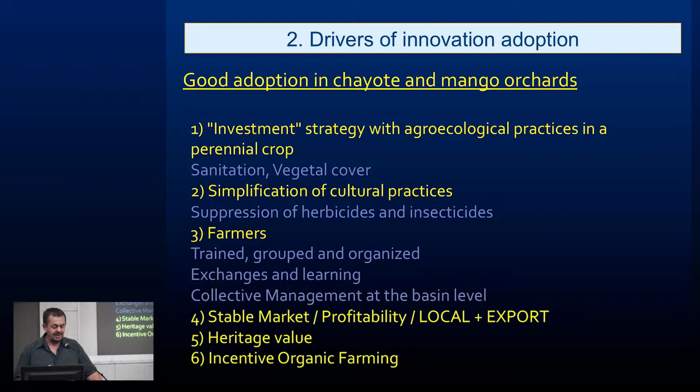On this slide, I don't want to spend too much time, I'm too long, you have the different criteria: an investment strategy possible with perennial crops, the simplification of cultural practices, the level of farmers in terms of knowledge, training, exchanging, working together, the market and the possibility to export production, the heritage value of the crop, such as chayote and mango, and of course the role of policy makers with incentives, for example, organic farming.